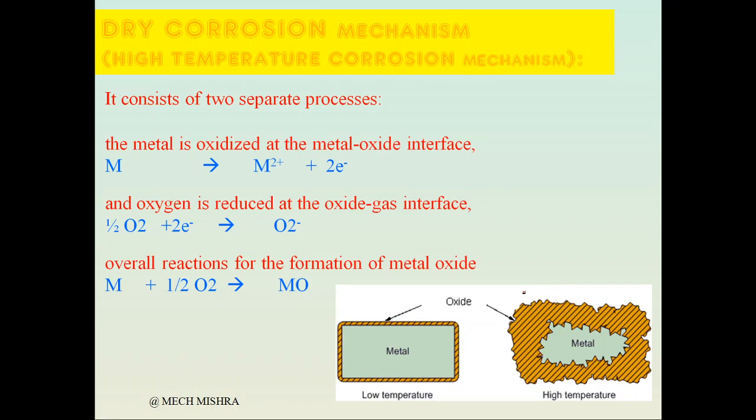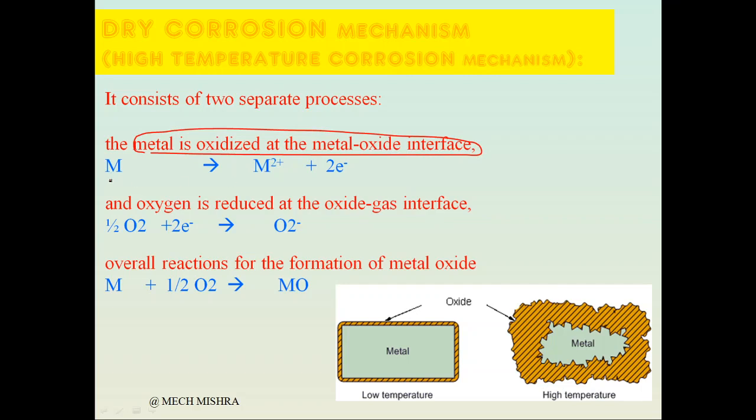Now we will understand the basic mechanism of dry corrosion. It consists of two separate processes. First, the metal is oxidized at the metal-oxide interface. So first is oxidation of the metal.